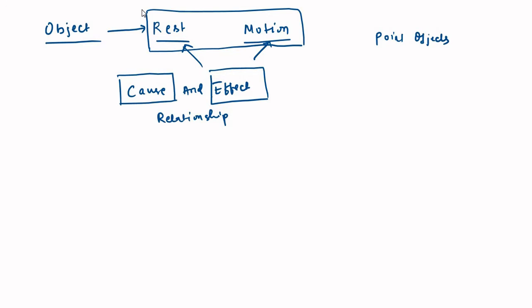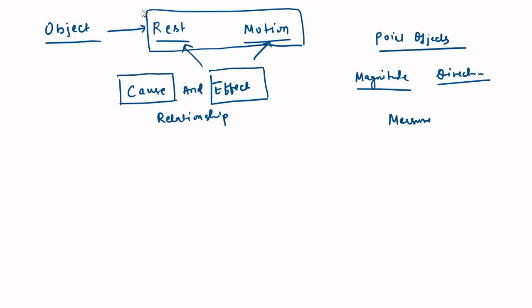Then there will be the concept of magnitude and direction. Why? Because we are going to measure it. If we cannot put it in terms of a numerical value and with a proper direction, then it has no meaning, okay. Then in order to measure the magnitude and direction, we need a measurement system, okay.